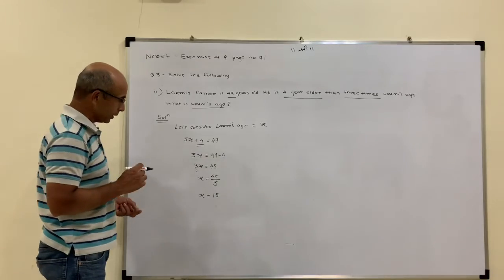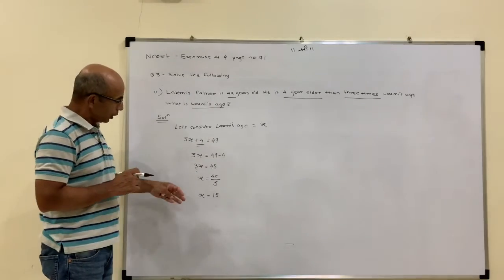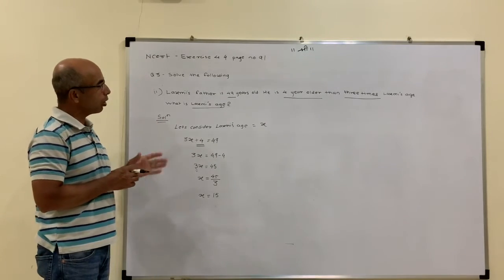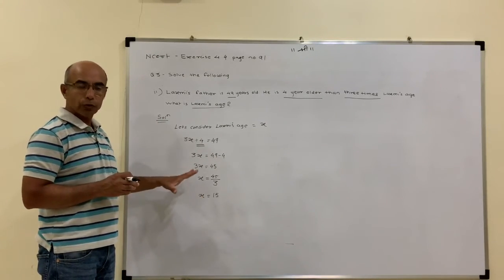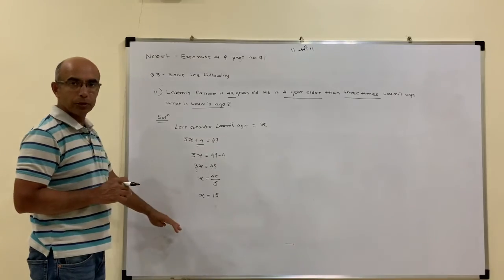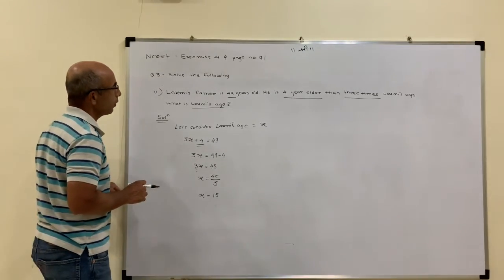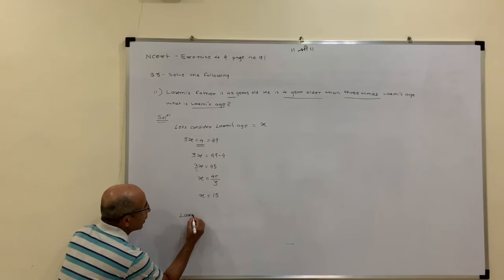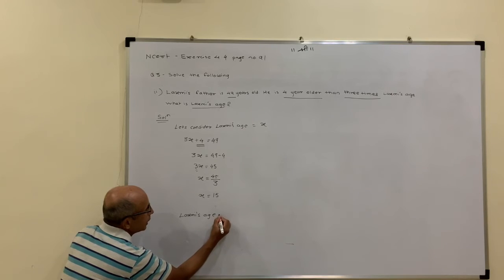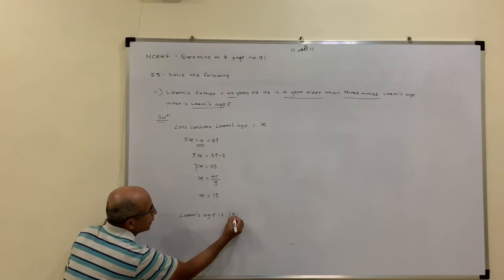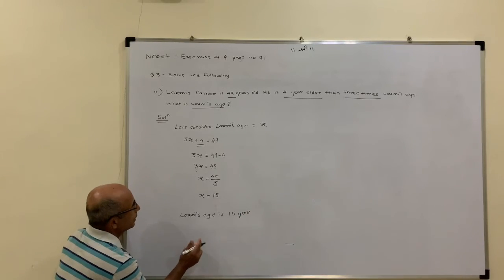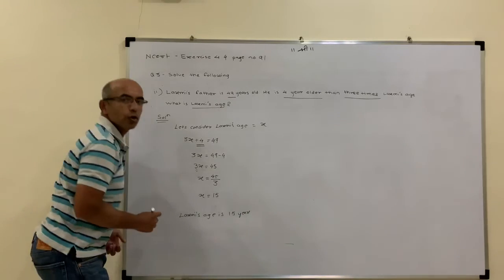Now as I mentioned again and again, you need to learn tables from 2 to 30 by heart to solve this kind of problems quickly. So now we'll put the answer in word format. So Lakshmi's age is 15 years, or you can say Lakshmi is 15 years old.